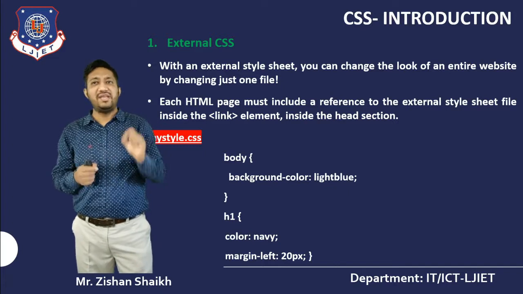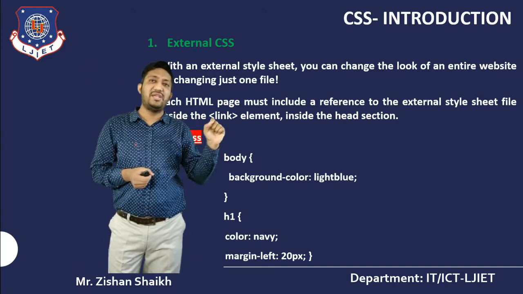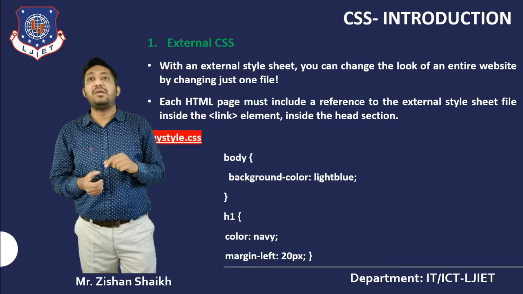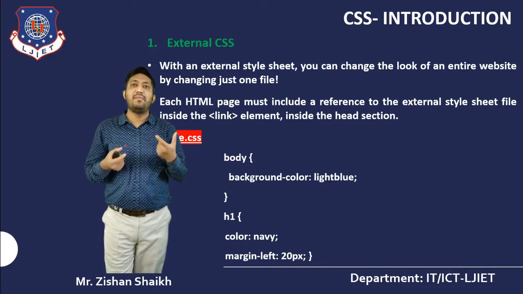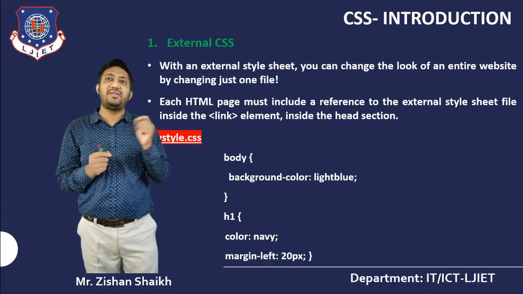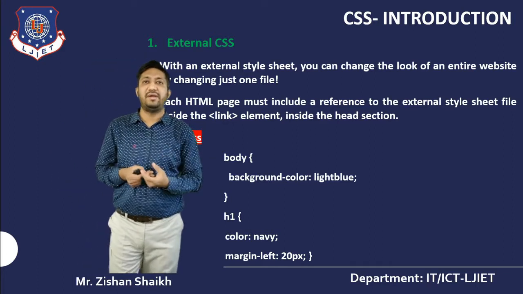The CSS file is saved with a .css extension, and your HTML file is saved with a .html extension. Now the next question: how can we merge both files? How does the HTML file know that this is my CSS code? For that we have to write some simple syntax.